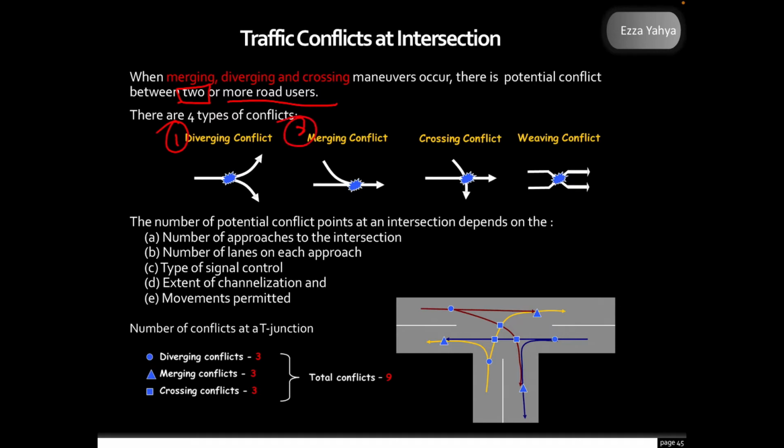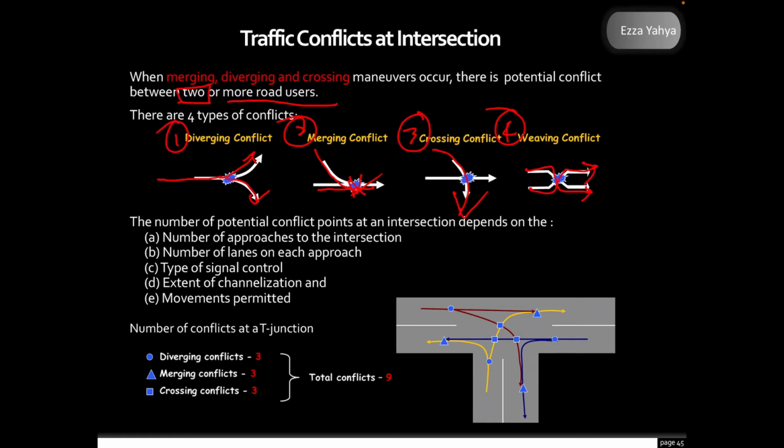One is diverging, second is merging, third is crossing, last one is weaving. Diverging is when on the same road, we want to turn left or turn right. Merging is when another one joins in the road. Crossing is when they cross the road. Weaving is when they are weaving in the area.